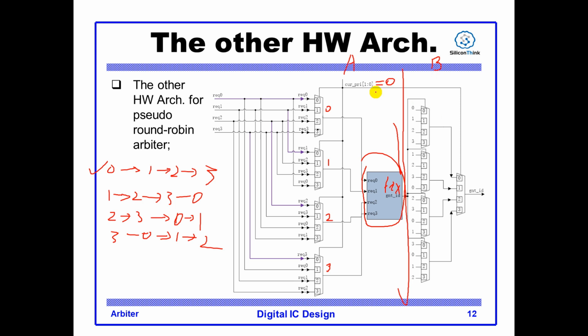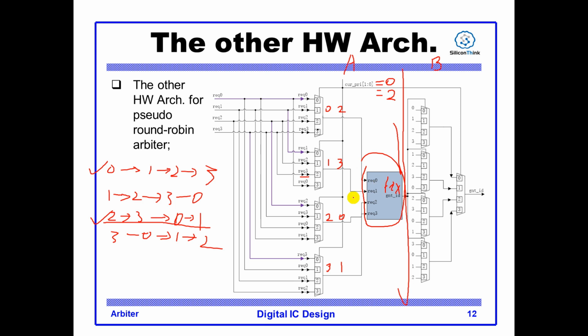And if the current priority register is 2, let's take 2 for example, the output here will be request 2, here will be request 3, then 0, and 1. So this is exactly the priority setting of this case, and he feeds the request to the fixed priority arbiter.